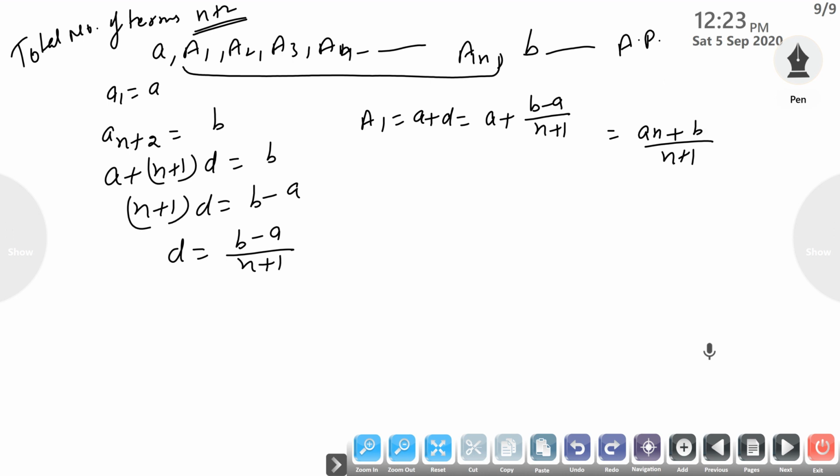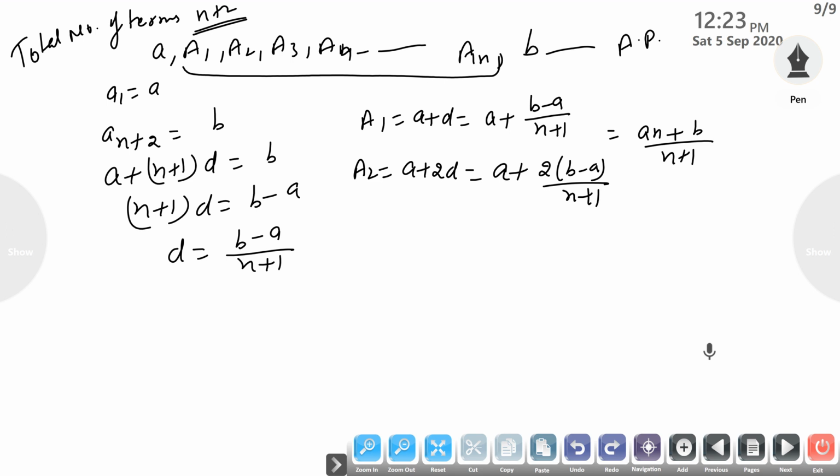Similarly, a2 is a plus 2d, and this is a plus 2 times b minus a upon n plus 1.